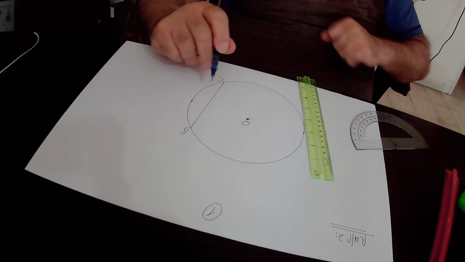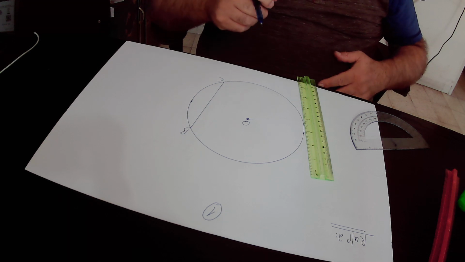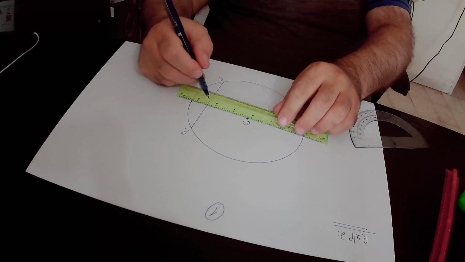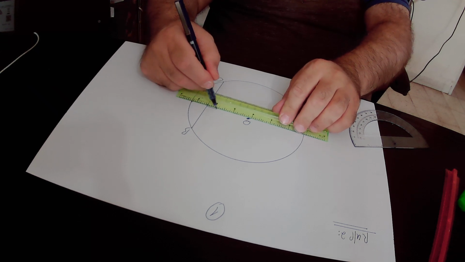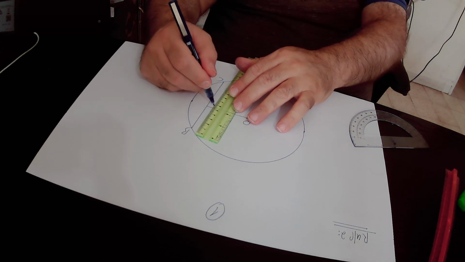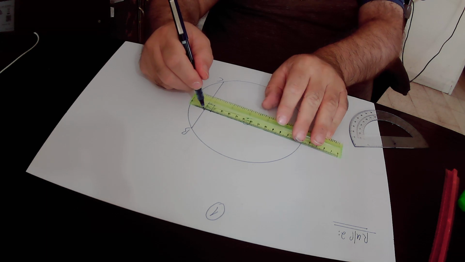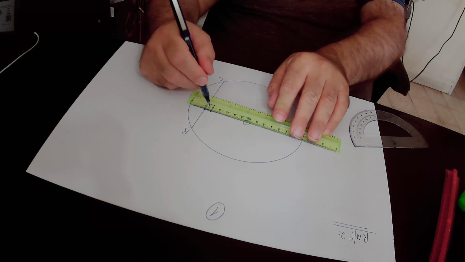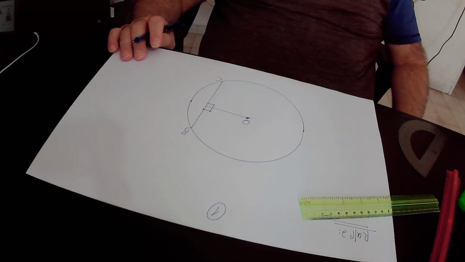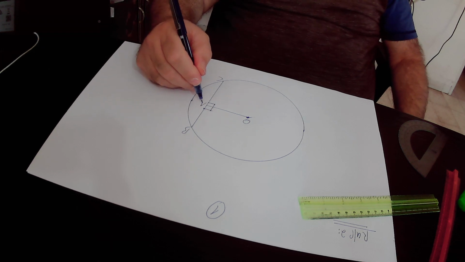And from the center of this circle, that is to say from point O, we draw a perpendicular on chord BC. So this angle equals 90 degrees, and this angle equals 90 degrees according to our construction. We define the touching point of the perpendicular from point O and chord BC as M.